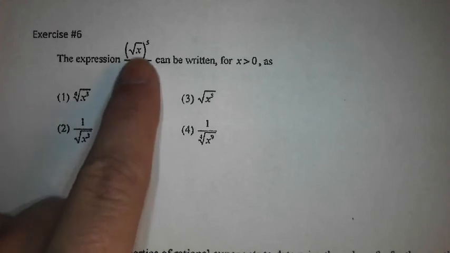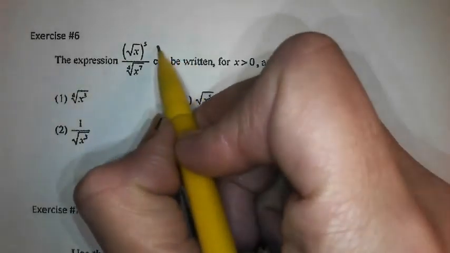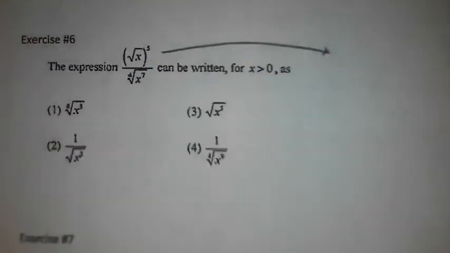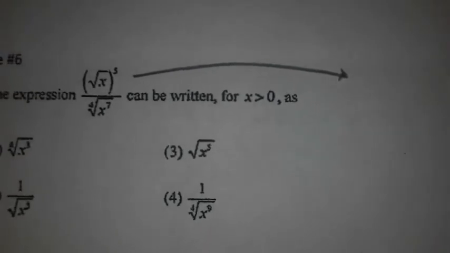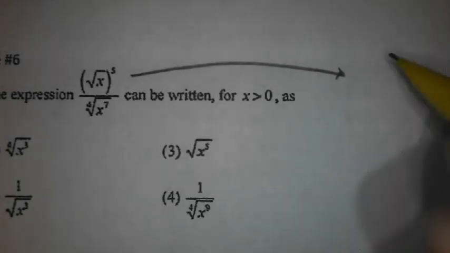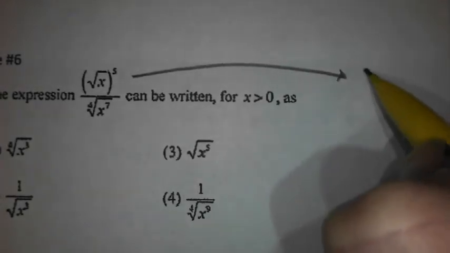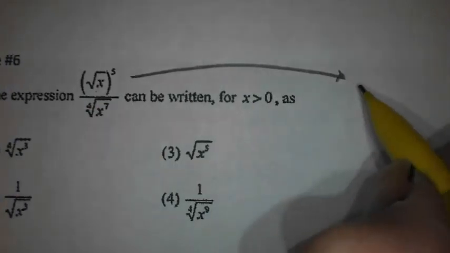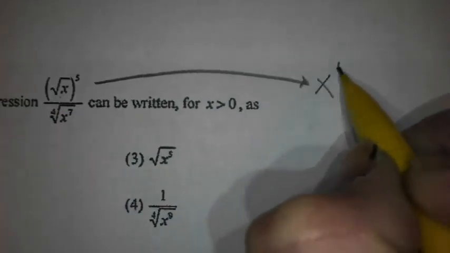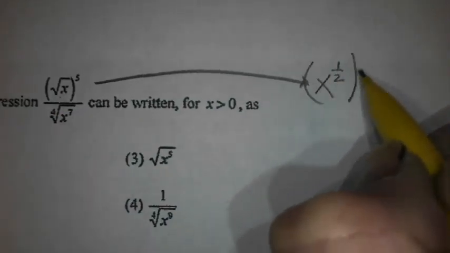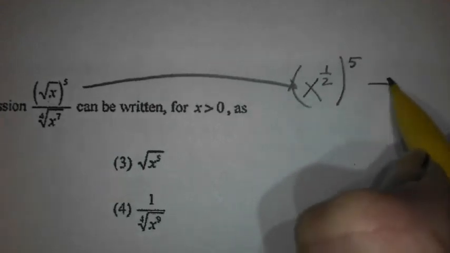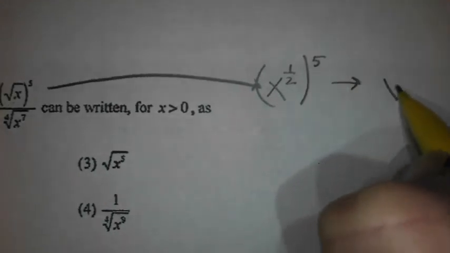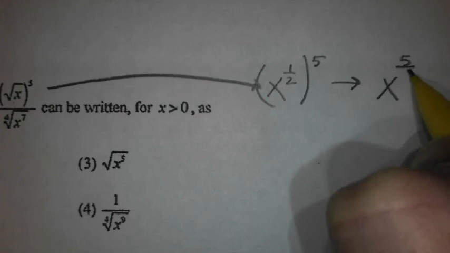How can I rewrite the numerator? Oh, geez. Kirsten. Say x to the 5/2, right, because if I take that piece by piece, it's x to the 1/2 first, then raised to the 5th, which then power to power means multiply, x to the 5/2.